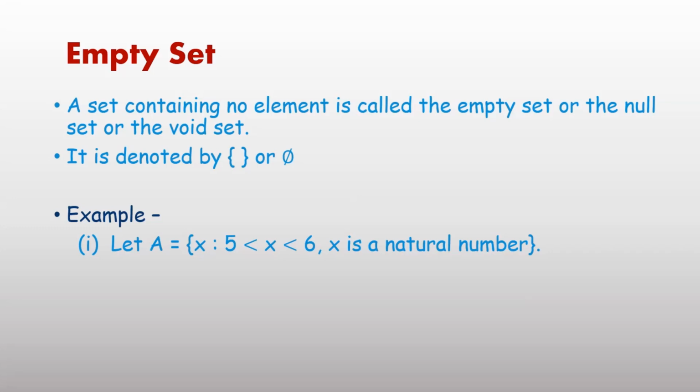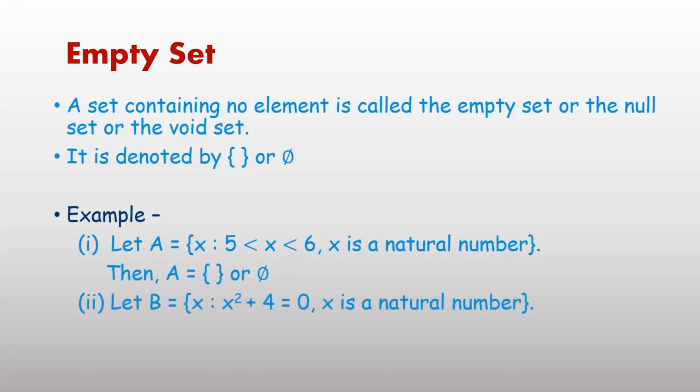For example, a set is given as a collection of all natural numbers between 5 and 6. Usually we can observe here there is no natural number between 5 and 6. Means there is no element in this set. Hence we can say it is a null set.